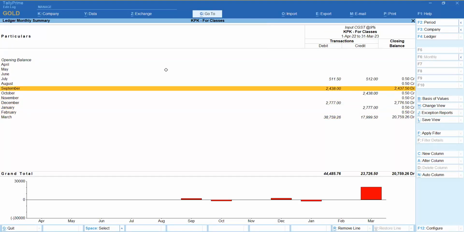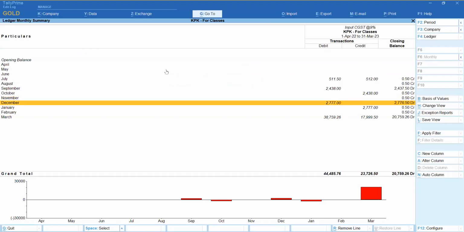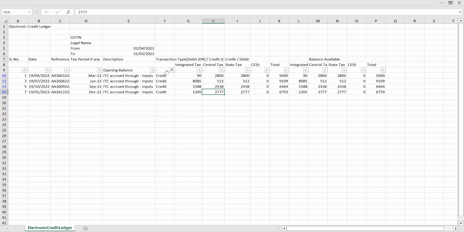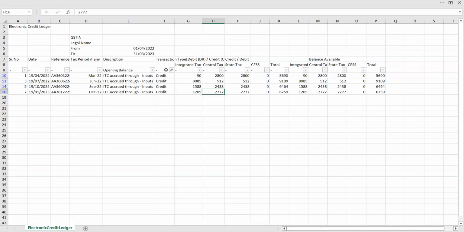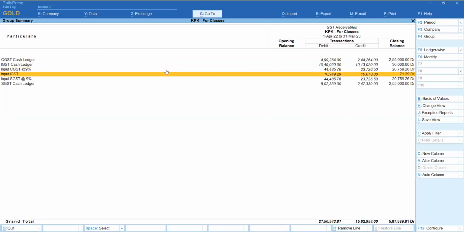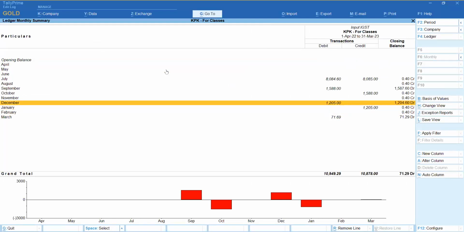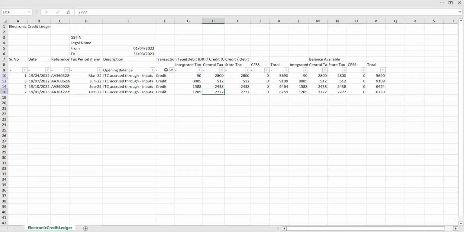2438. Okay. And there also, and 2777, 2777. Okay. And 1205 is in IGST. If you see 1205, I have taken the IGST. See, this is to explain to you how I have taken these entries. Otherwise, whenever you are making the purchases, it should match with your input ledger, with your credit ledger. Okay.